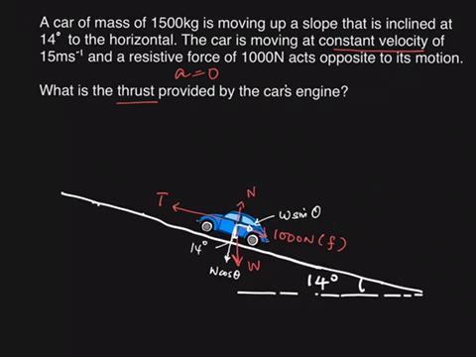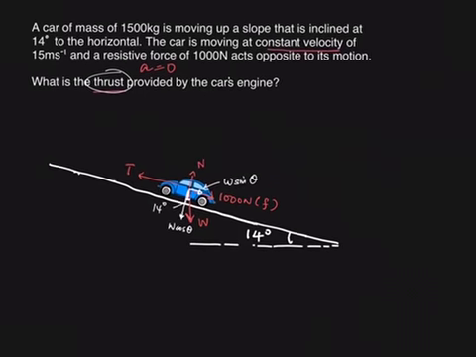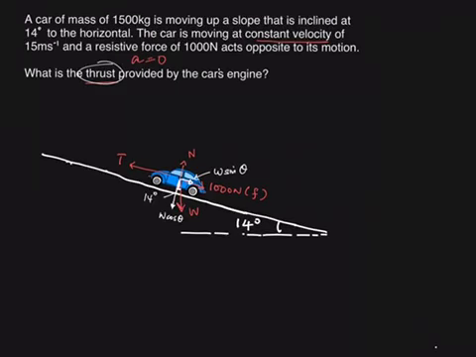Now, we are only interested in the forces along the slope because what we are keen to find out is the thrust. So, we write an equation. Let's make this a little smaller, to give us a bit of space. The thing to take note of is that this angle theta is nothing but this angle, 14 degrees.